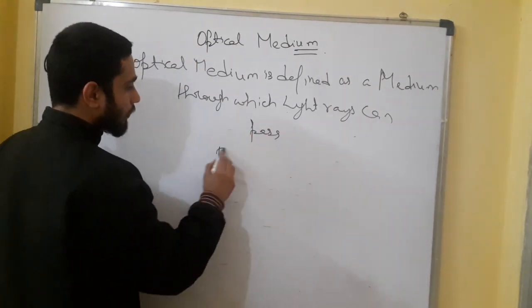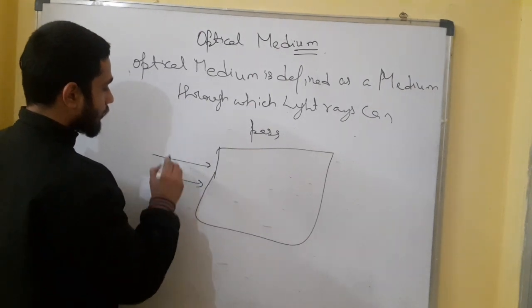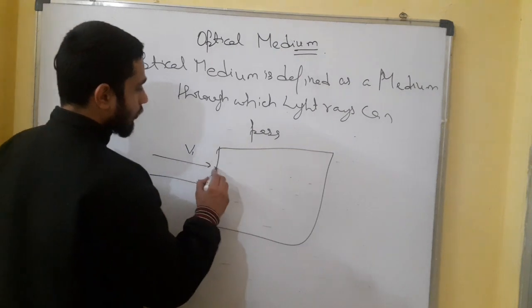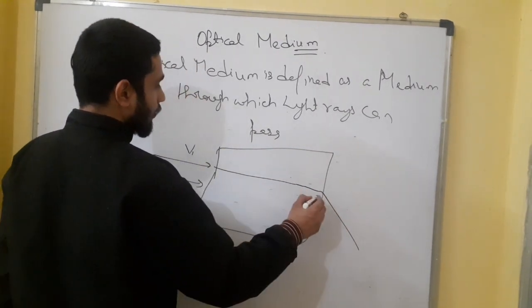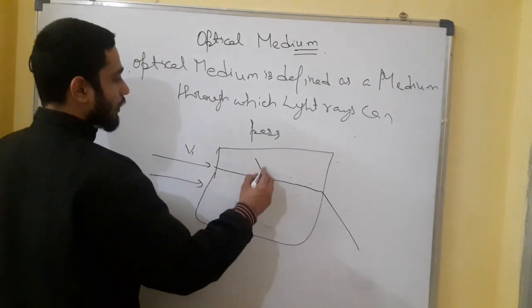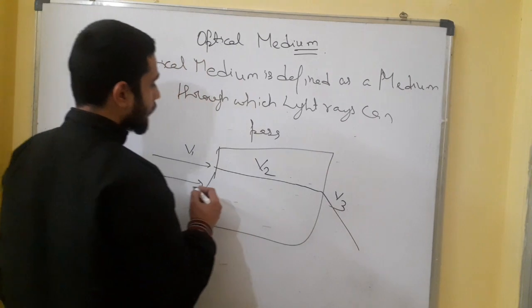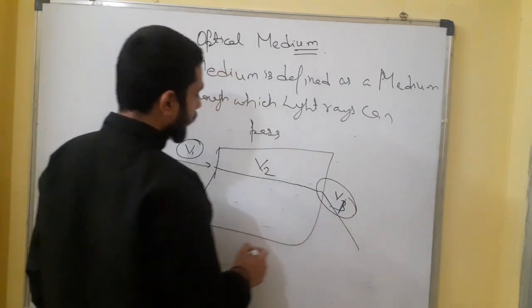So suppose that there is some medium and some light rays are incident with the speed v1. So through this optical medium they are passing like this. Suppose in this the speed is v2 and after coming here the speed is v3. If these mediums are equal, the speed may be equal.